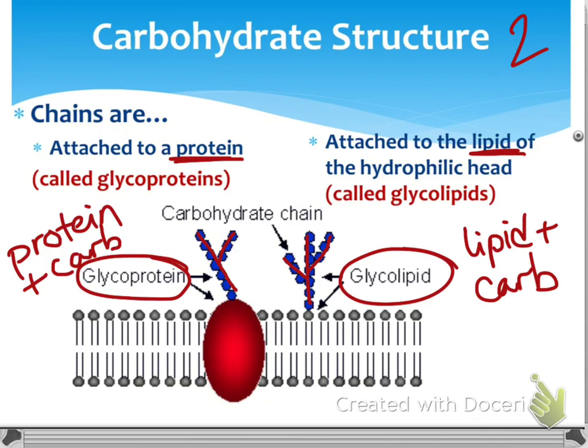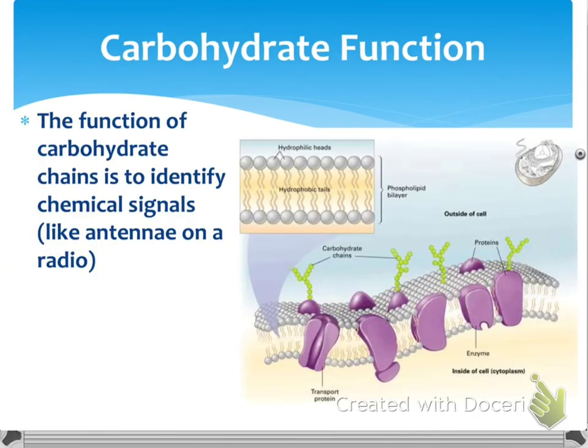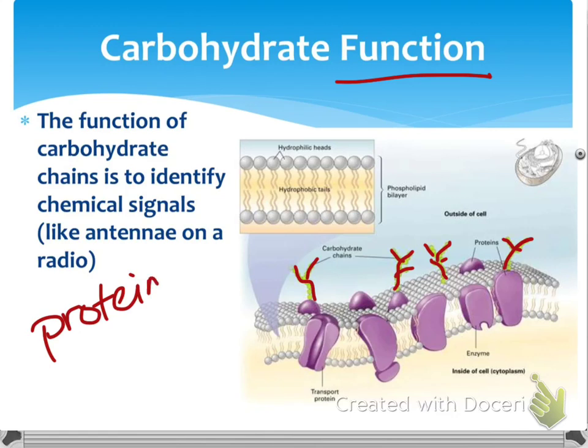These are the actual carbohydrates. And like we had kind of mentioned, the function of a carbohydrate is to identify the chemical signals. So like I had said, antenna on a radio. So all these little green chains sticking up are for signals for the cell. And they're going to be attached to, like I said, either attached to a protein or the head portion of the cell membrane, which is a lipid.